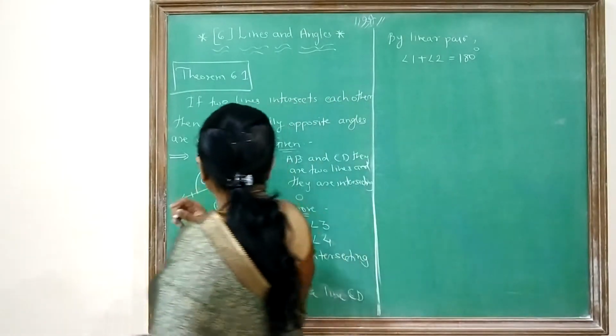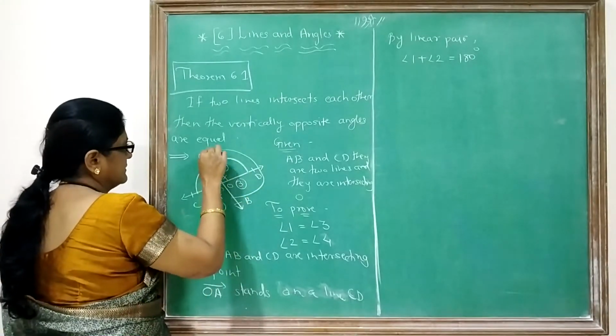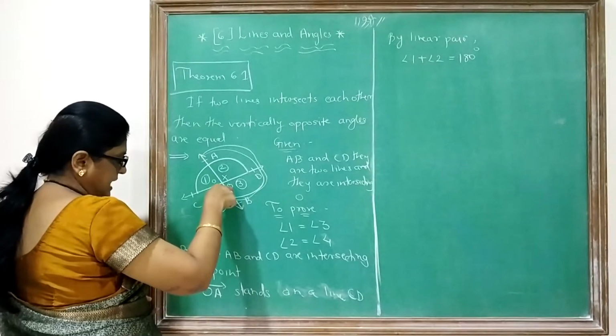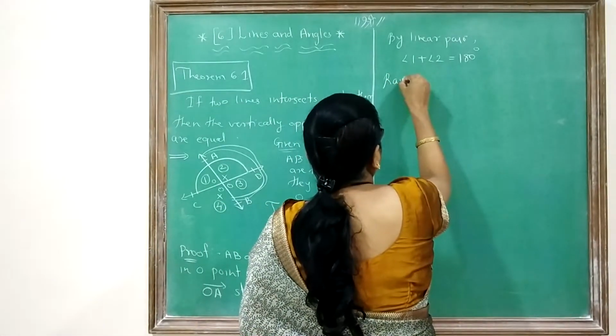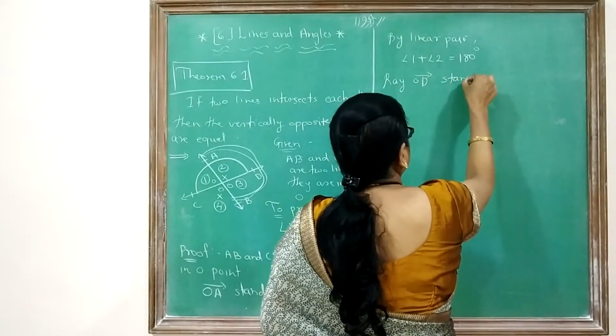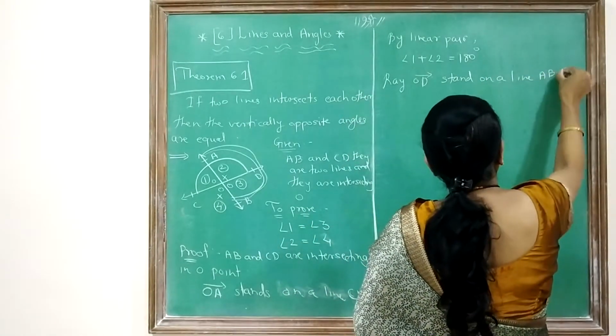And again you will see next condition, this ray OD stands on a line AB.